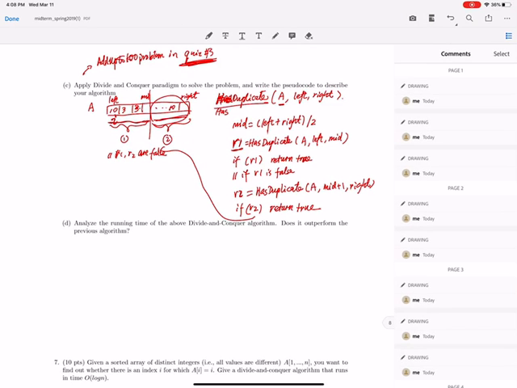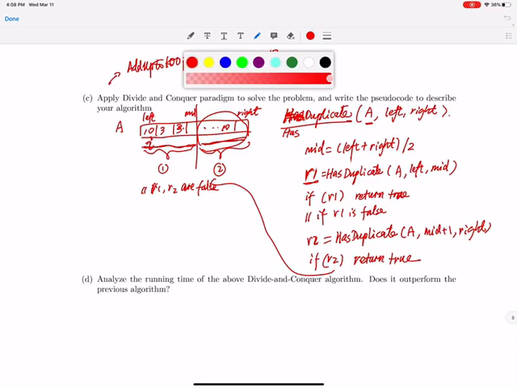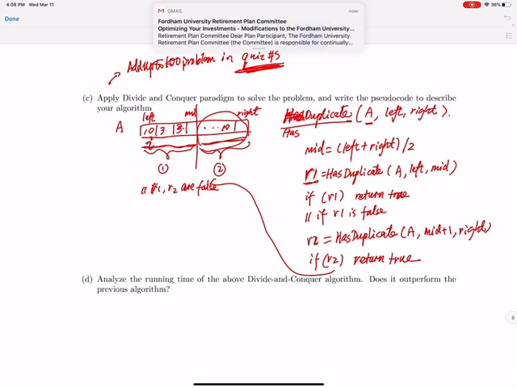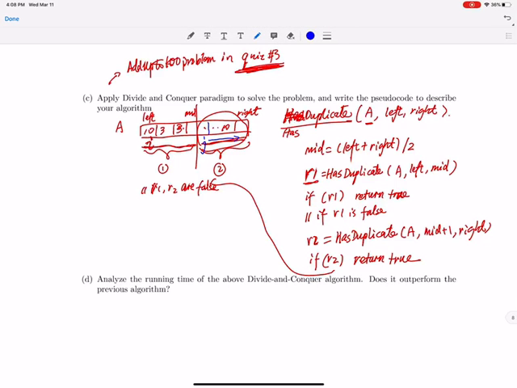I'm going to change the color so it's a little easier to see. J will cycle through everything in the second half, and I will cycle through everything in the first half. Every single A[I] I need to compare with every single A[J].